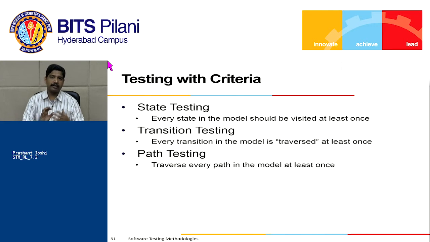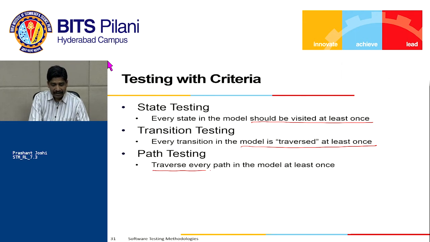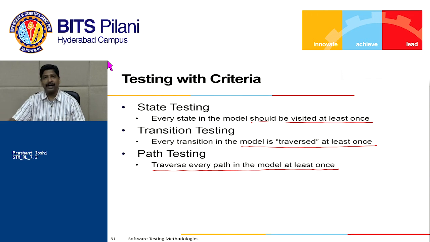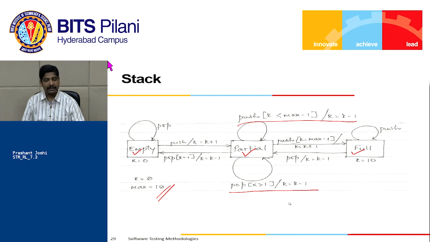So we start putting a criteria onto the state-based testing. Every state in the model should be visited at least once. Every transition should be traversed at least once, and traverse every path in the model at least once. Now you can see we have got state, transition and path.